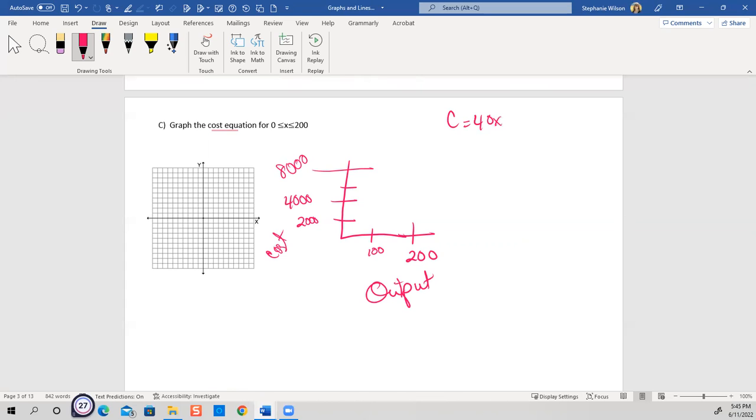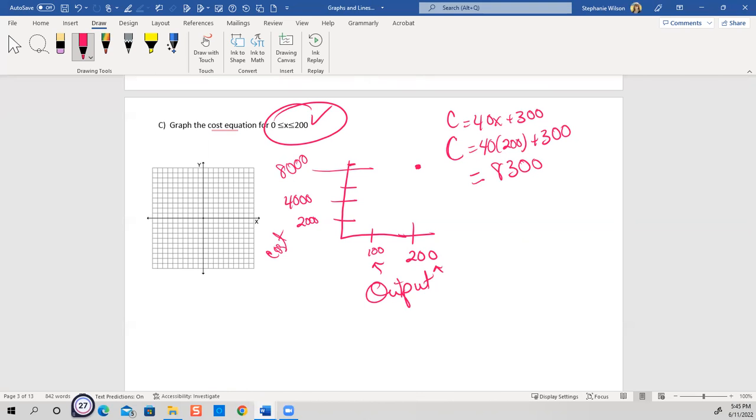Let's plug in 200 for X. I plugged in some point bigger than 100, since 100 was the ordered pair that was given to us. It also says X can equal 0 but can be less than or equal to 200. So that's another point to look at. I'm going to try 200, and I get 8,300.